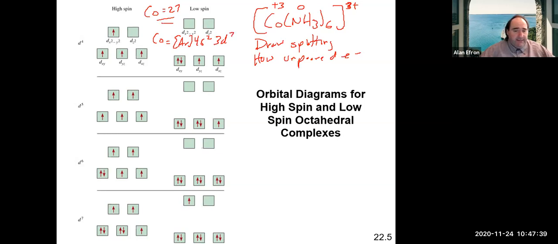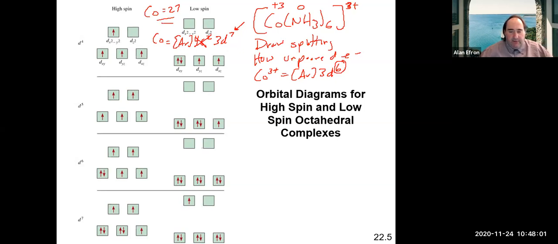And in this case, it has a +3 charge, which means it's going to lose these guys here, and it is going to lose that guy there. That means our cobalt with a +3 charge would be argon 3d6. So we really have our 6 electrons to distribute.